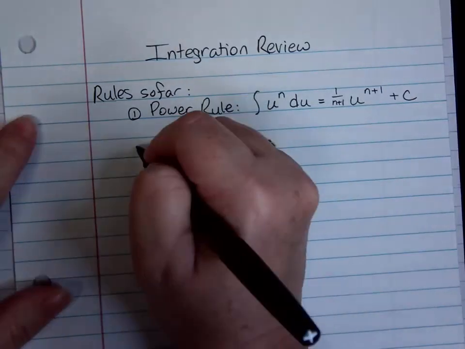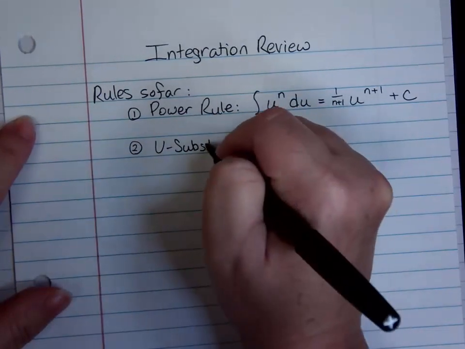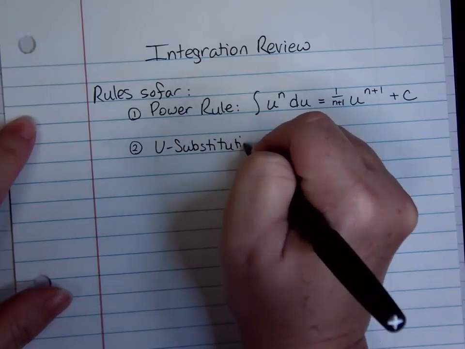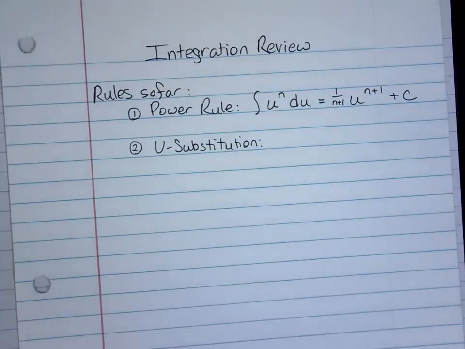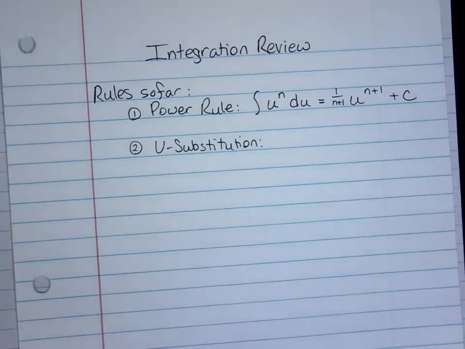Okay, so rule number 2 I want you to write is U-substitution. And there's no official rule for it like the power rule has, but just be on the lookout for U-substitution. Okay? And how do you know when you're going to do U-substitution? If there's something inside of something, which indicates it came from a what kind of rule derivative?